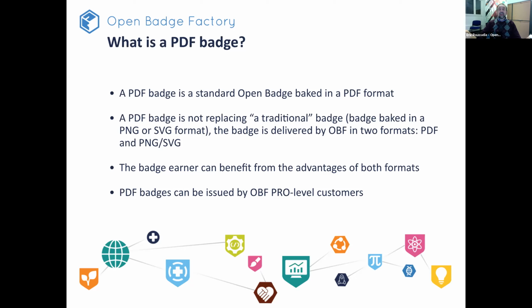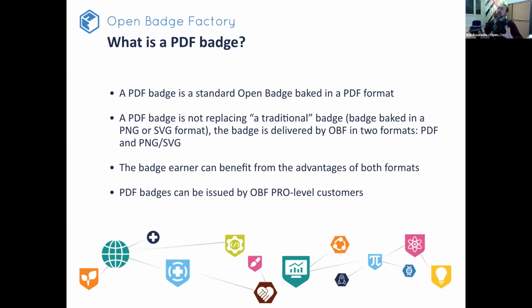So the idea is that in Open Badge Factory, when you issue a badge, the badge will be delivered in the message which is sent to the badge earner in both formats. One, what I could say, traditional badge format, which is PNG or SVG format, and the PDF format that you can download.